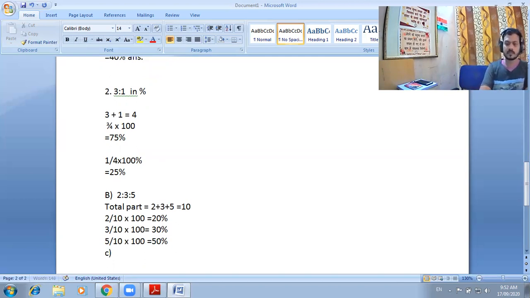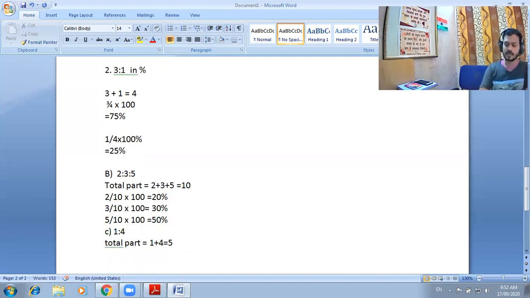Then proceed to the next part of the second question, 1 raised to 4. So total part equal to 1 plus 4 equal to 5. And what is the percentage of 1 from 5? So 1 by 5 into 100, 5 to the 10, so 20 percentage.